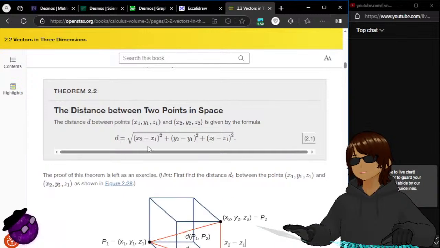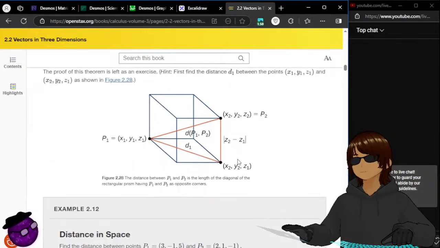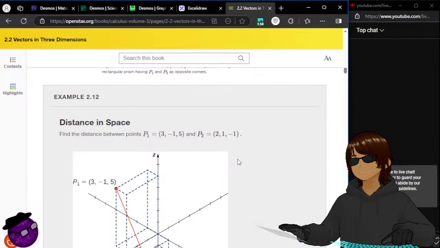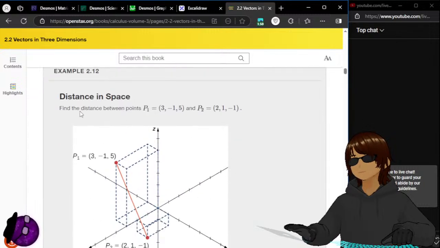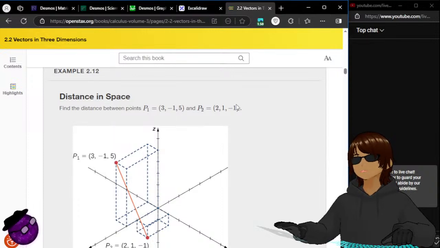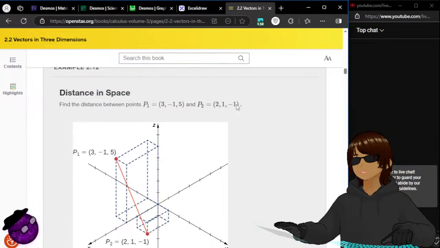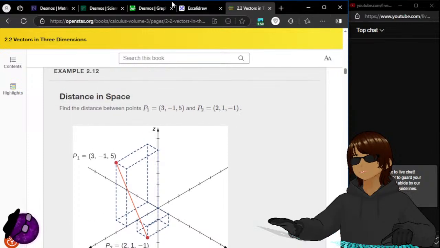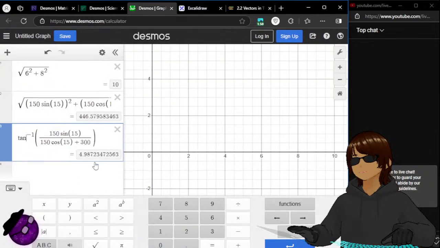So d is the square root of the difference in x squared, plus the difference in y squared, plus the difference in z squared. Add them together and find the square root. Find the distance between the points (3, -1, 5) and (2, 1, -1). So 3 minus 2 is 1.